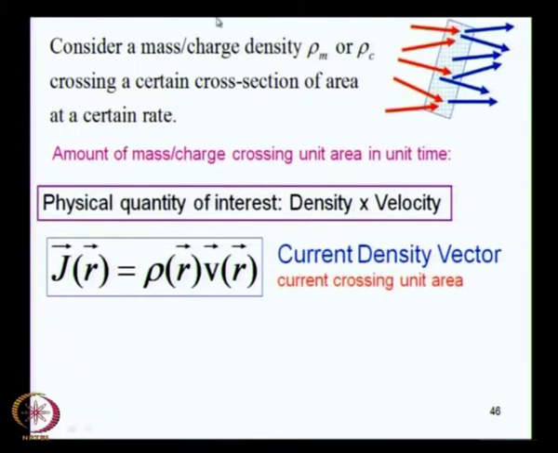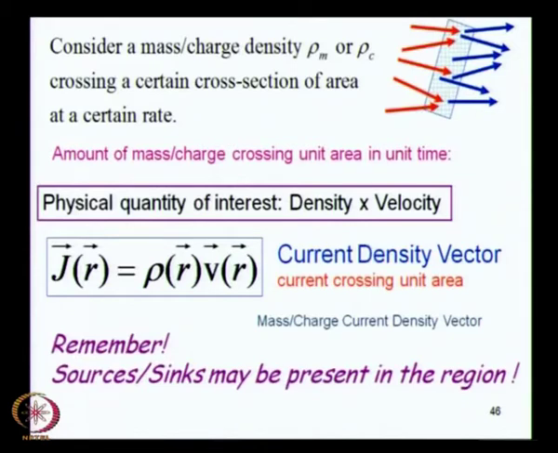It is called a current density vector, which is a vector point function, because for each point in space you have a density, and for each point of space you have got a velocity defined, and this is the velocity defined in the continuum limit for fluids, and accordingly this is the mass current density vector or a charge current density vector. And in general, sources and sinks may be present in the region.